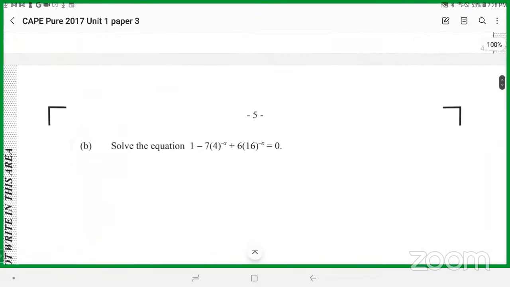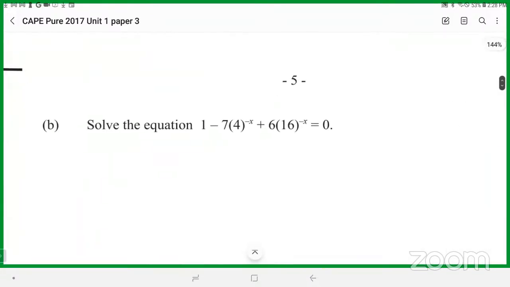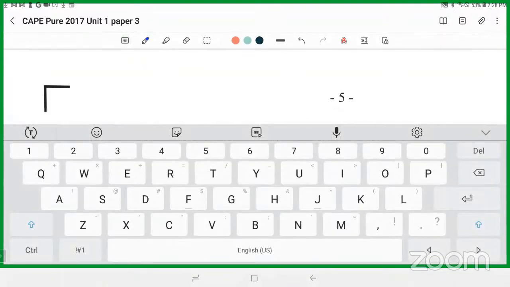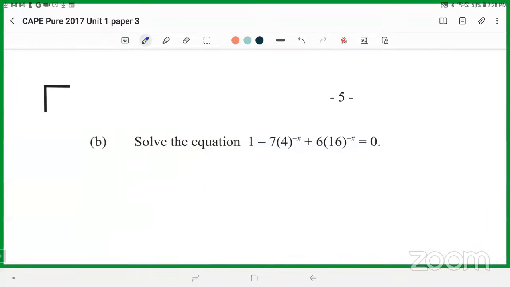That's an equation, one of those quadratic equations. Let me run through this one. So this is minus x, no problem. This can be raised to base 4. So I'm going to write it as 1 minus 7 times 4 to the minus x, plus this one, because the 16 is 4 squared.